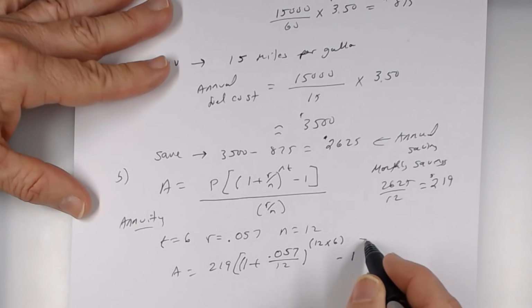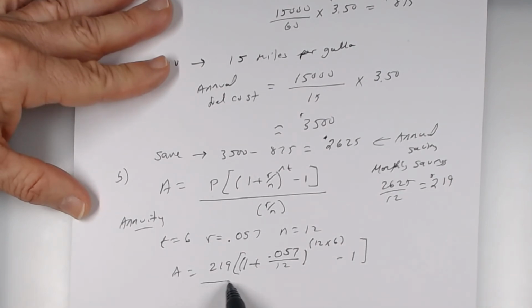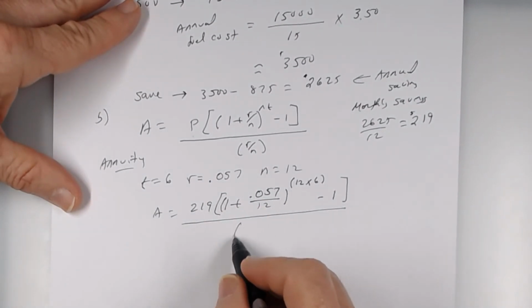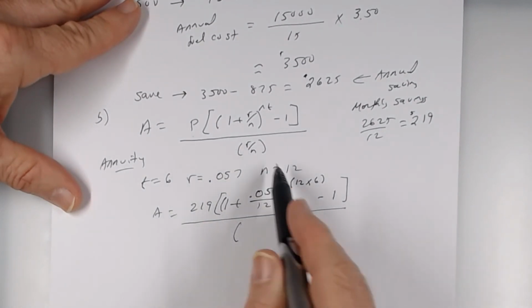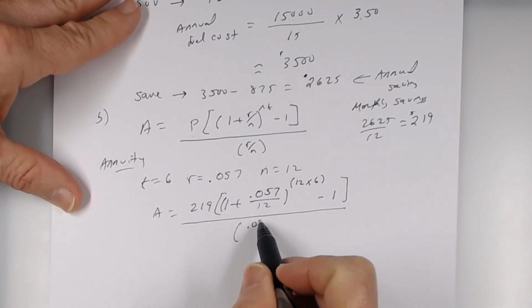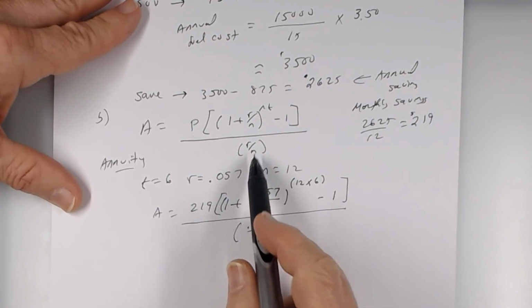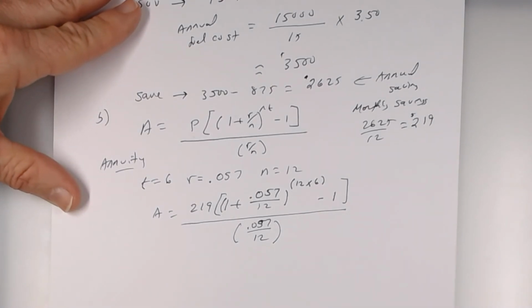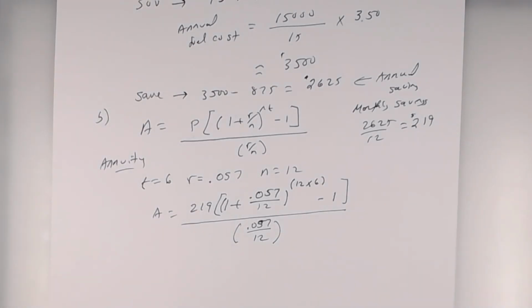So that's all of your numerator. My denominator says, in parentheses, I'm going to take R, which is 0.057, and divide by n, which is 12. All right, so that's what you would write down. Now use your calculator. Punch that into your calculator and see how much money you will have saved.